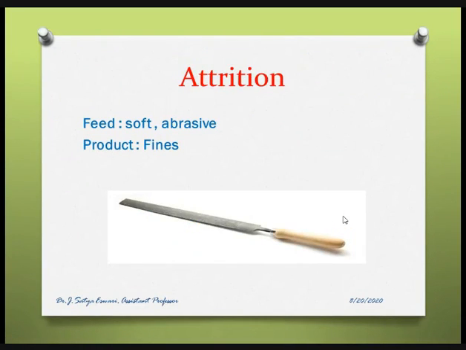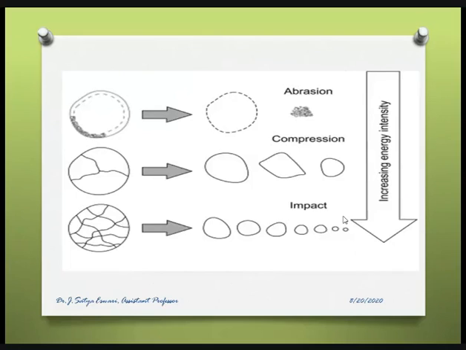For example, the feed is soft, abrasive and the product may be fine particles. The example is a file. What will we do with a file? We will rub it, do attrition, and then we get fine products. This is the example of attrition equipment, the file.